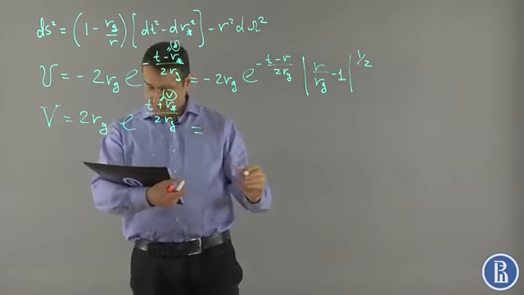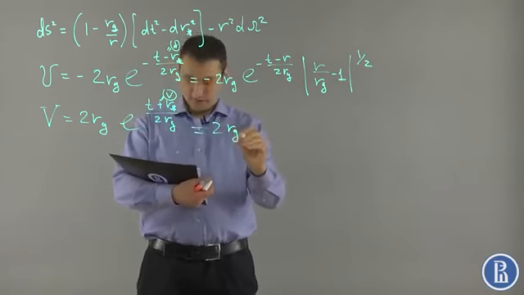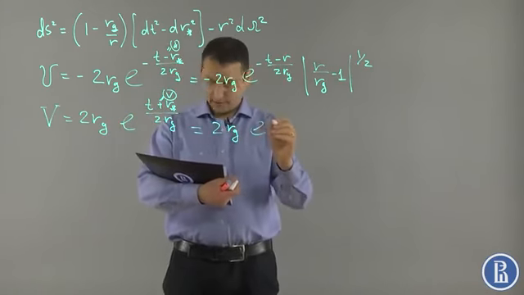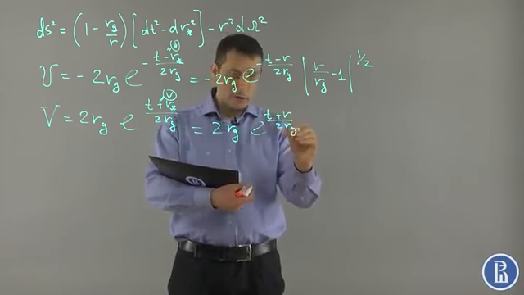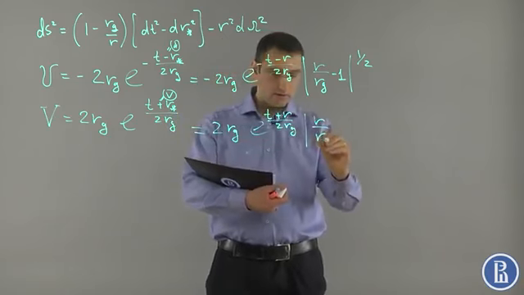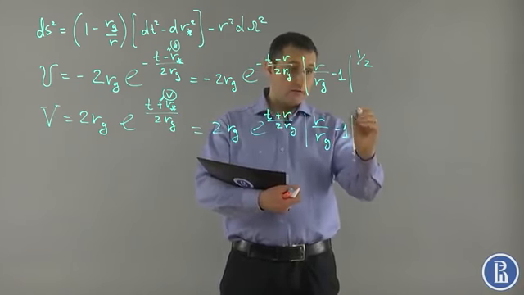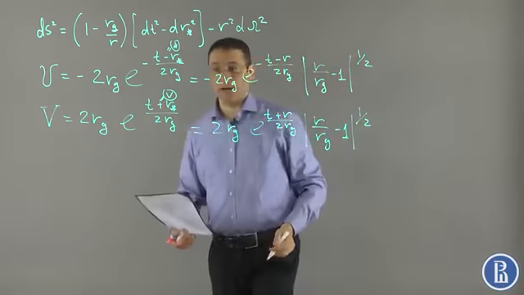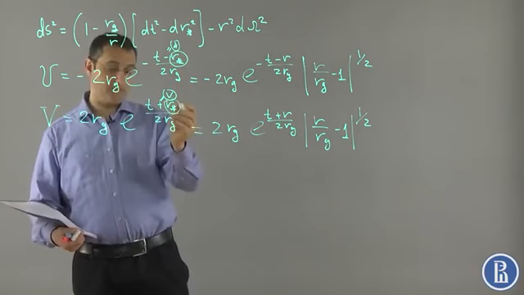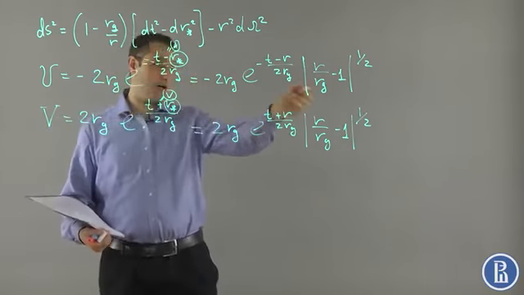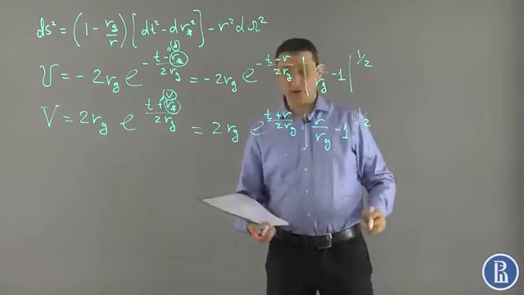And V would be 2rg times exponent of (t plus r) divided by 2rg, times (r divided by rg minus 1) to the power one half. This expression I have obtained just by putting in here and here the expression for r star through r. So then one would get this.